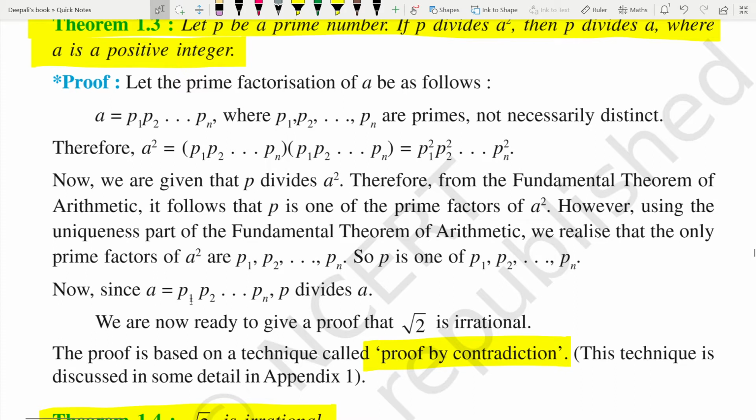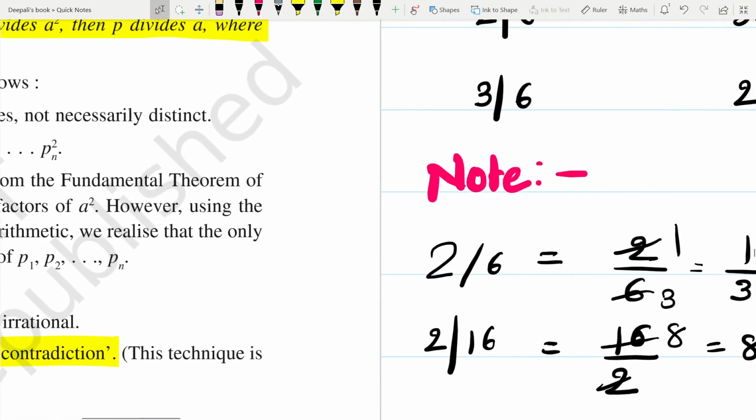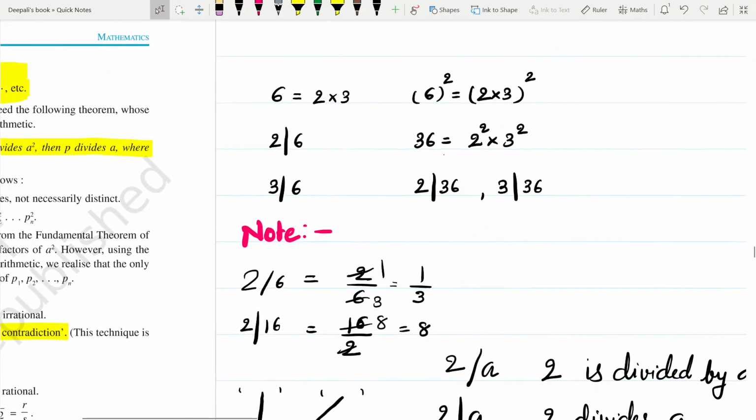Now since a is p1, p2 till pn, p divides a. We are now ready to give the proof that root 2 is irrational. Before that, let us understand this theorem with an example.